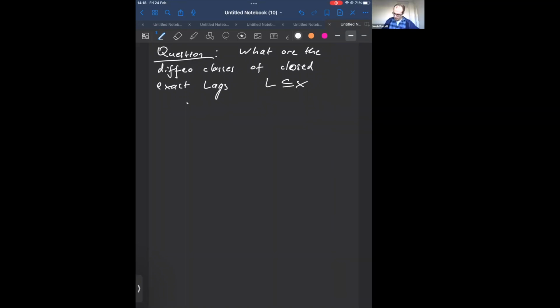Just to recall, this is a half-dimensional submanifold, so it's dimension n. And this one form I mentioned before, restricted to L, is a one form on L that is exact, instead of just being closed like for an ordinary Lagrangian.